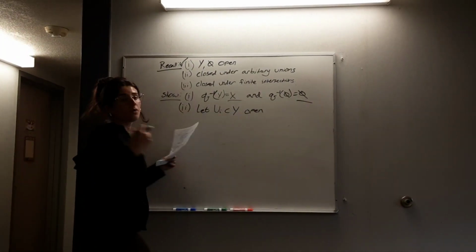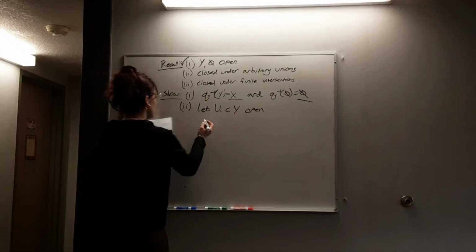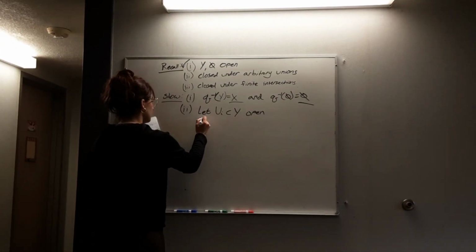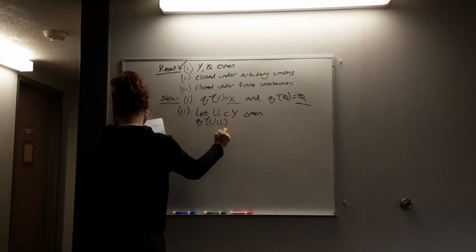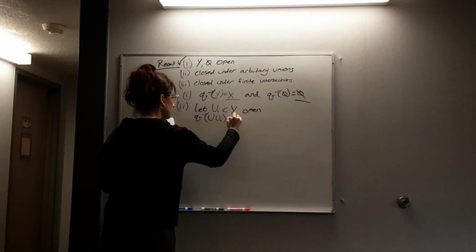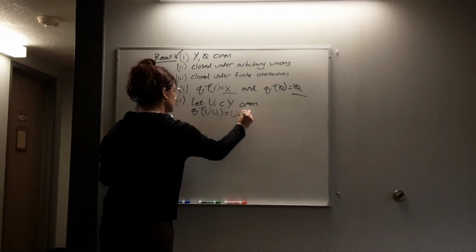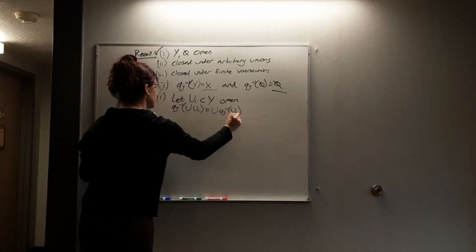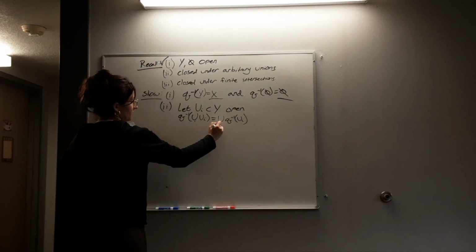So to do that, we're again just going to apply the definition of quotient topology, and we're going to get that Q inverse of the union of U sub I is going to equal the union of Q inverse of U sub I. And all of these unions are going to be over I.